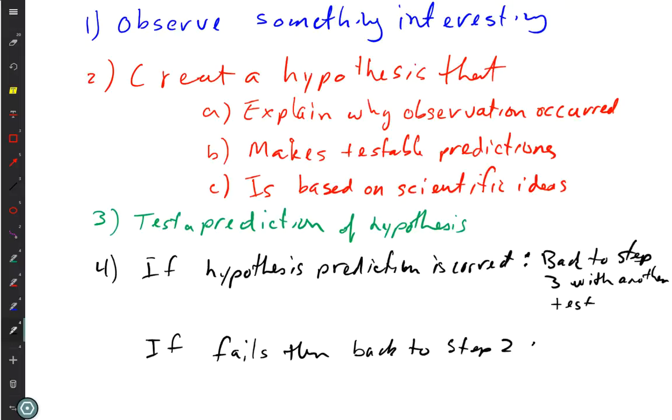So I give you that, and then I say, apply the scientific method to this. So what's the first step in the scientific method? Observe. And I just gave you an observation, right? So step 1, you will write that observation.